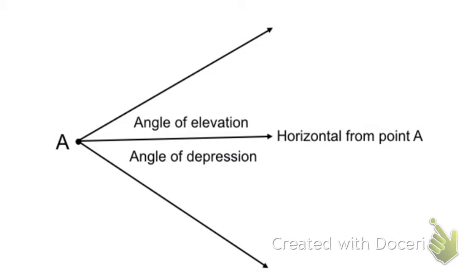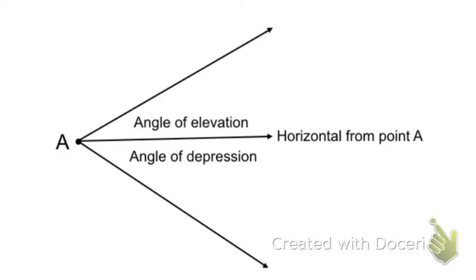All right, moving on. Before we talk about this word problem, you don't have this in your notes, and that's okay. Look up here. We're going to pretend this line is perfectly horizontal.